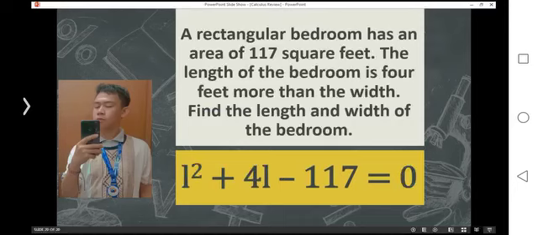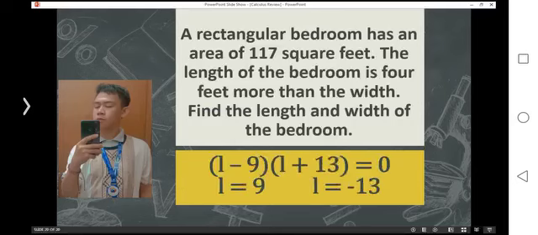So w squared plus 4w minus 117 is equal to 0. Factoring: w minus 9 times w plus 13 is equal to 0. Apply ZPP to get 9 and negative 13. Since we're looking for the dimension of the rectangular bedroom, it must be positive.